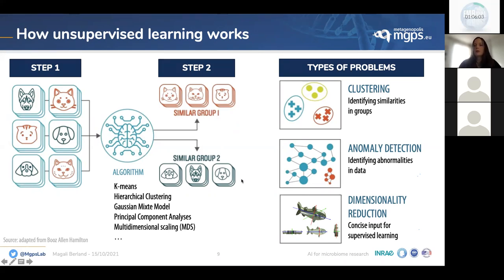The types of problems you can answer with unsupervised learning are clustering, to identify similarities in groups; anomaly detection, to identify abnormalities in the data; or dimensionality reduction, in order to provide concise input for supervised learning with a reduced number of variables. Here you have the famous example of the fish.